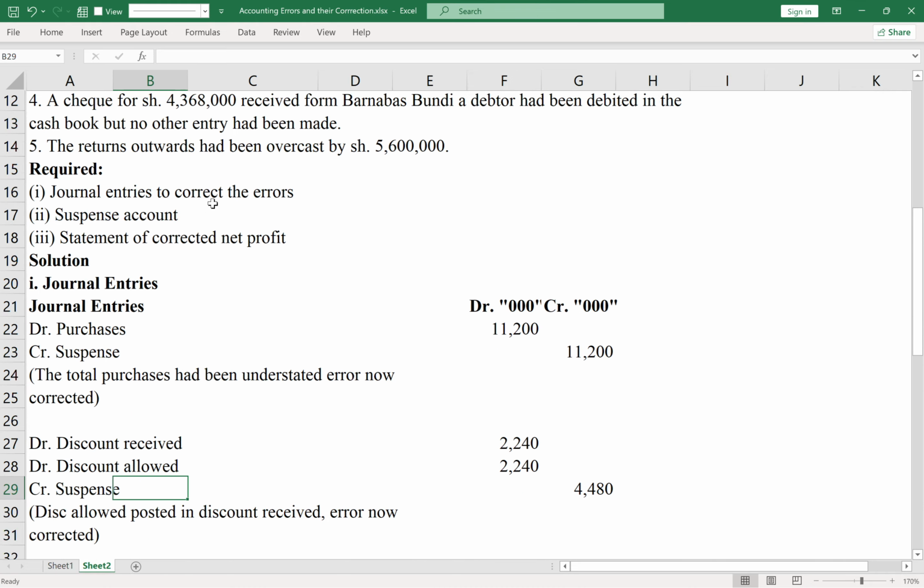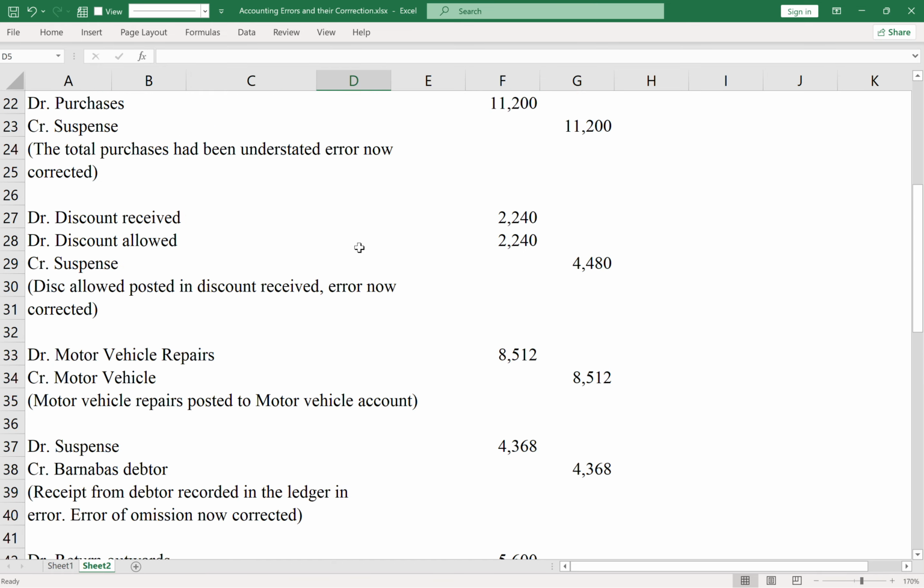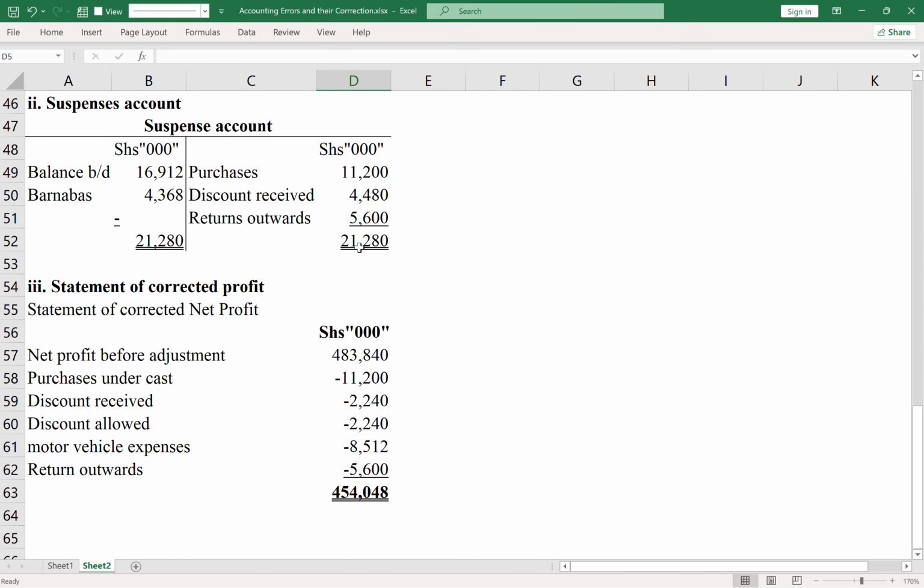There are some figures that I told you that we are going to use. The net profit for the company was 483,840. So that will be our net profit before any adjustment. We have to include it there at the top. Then from there, we now have to indicate all these overcasts, undercasts, anything that we have changed in our suspense account.